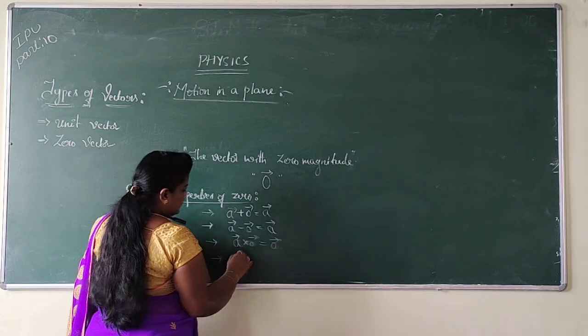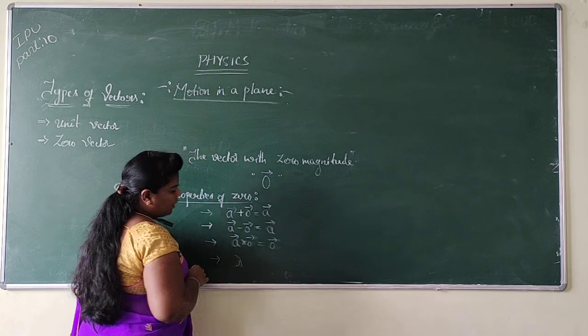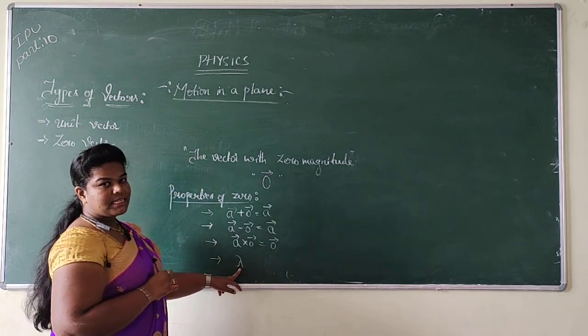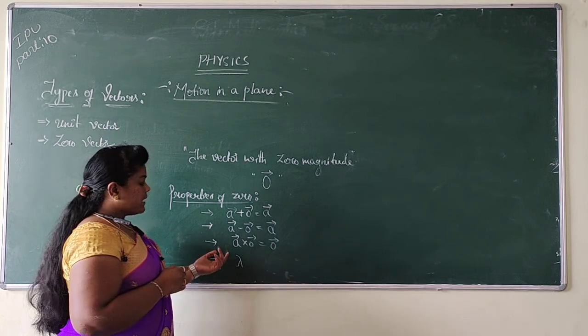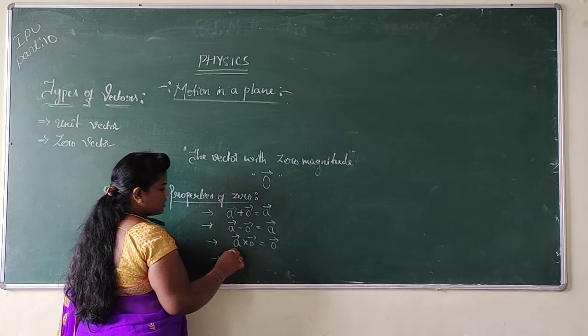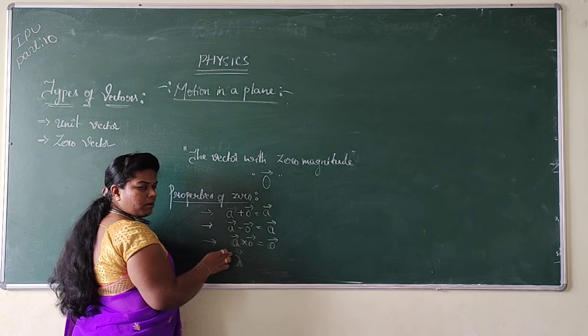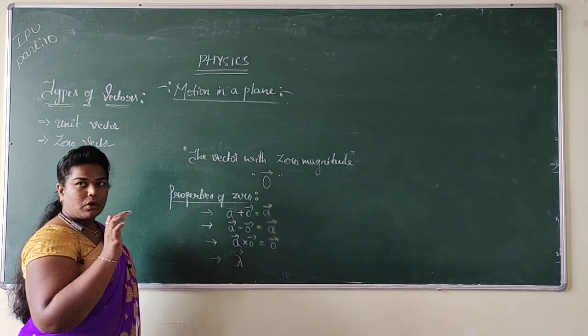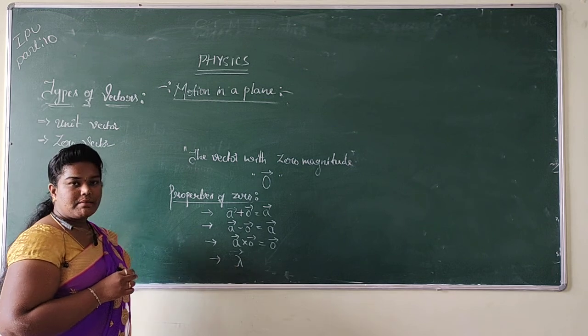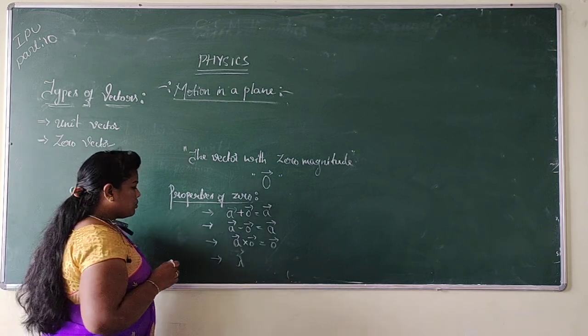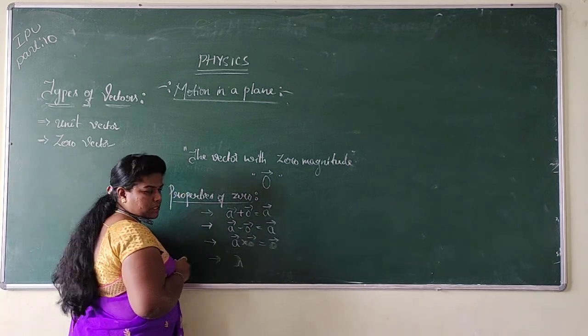And if you add any scalar, see scalar means it is having only magnitude. You can take k or you can take lambda. So this is a scalar, so I should not write the arrow mark. If I write the arrow mark above this symbol, it becomes a vector quantity. So I should not represent it in this way.